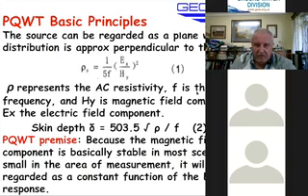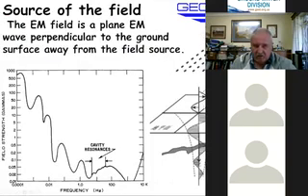The plane EM wave travels perpendicular to the ground surface, away from the field source, so it is going down vertically. Whether you have a 100-meter separation or a 10-meter separation, it doesn't really matter. You're still looking essentially below the midway point.